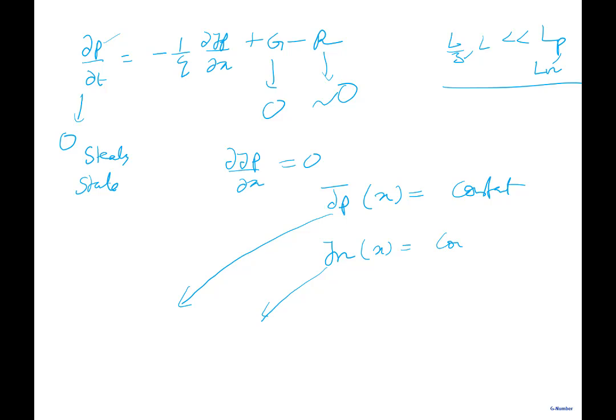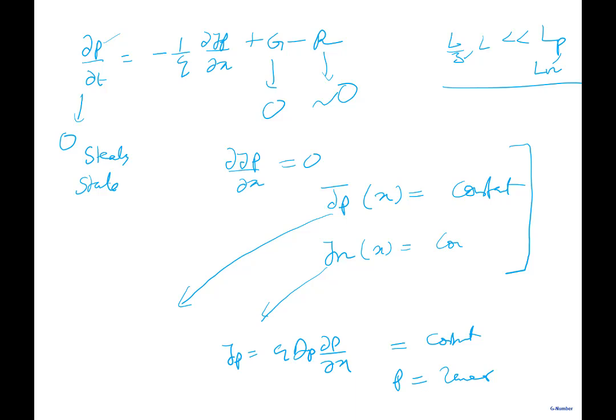Now if you say Jp is q Dp del p by del x, and you say this is a constant, then you will say p is linear. Right? So note that this is fine: Jp and Jn are not changing with x.